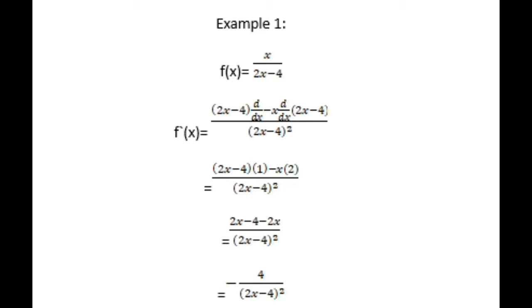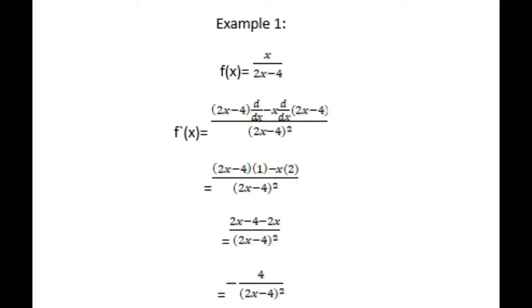Next, substitute. F prime of x is equal to 2x minus 4 times the derivative of x, which is 1, minus x times the derivative of 2x minus 4, which is 2, over 2x minus 4 squared. Next, distribute. 2x times 1 is equal to 2x.